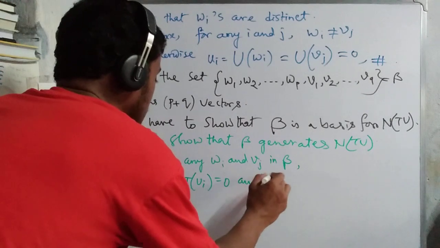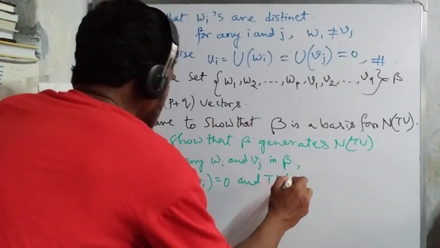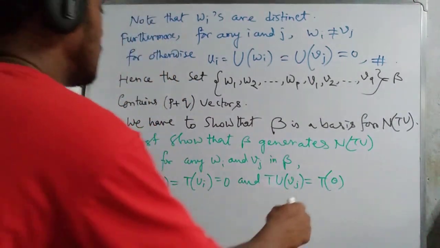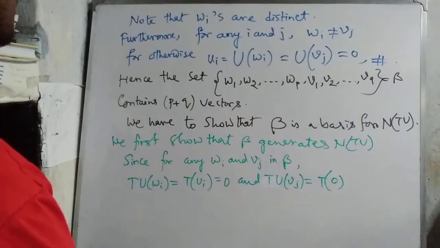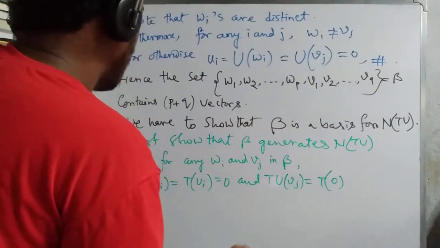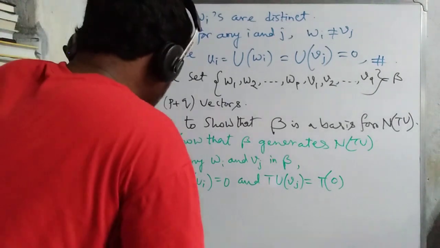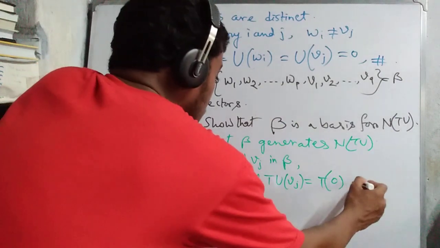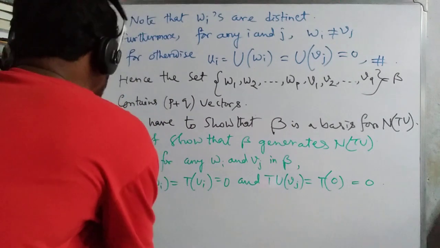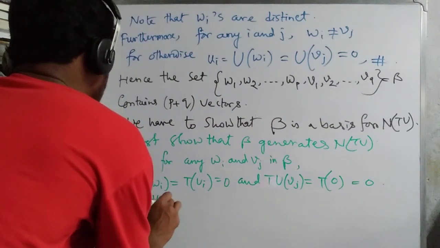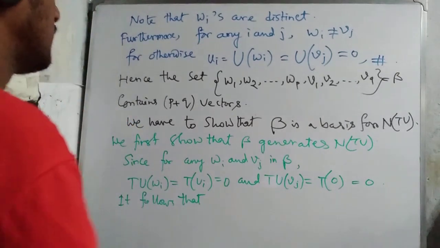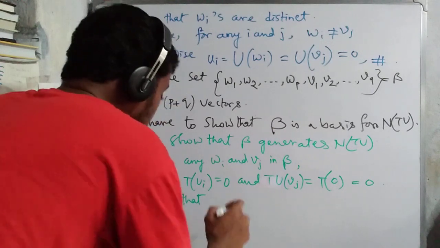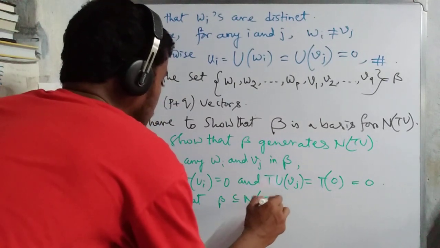And obviously TU of vj equals T of 0 because U of vj equals 0. Then this equals 0. It follows that beta is a subset of N(TU).